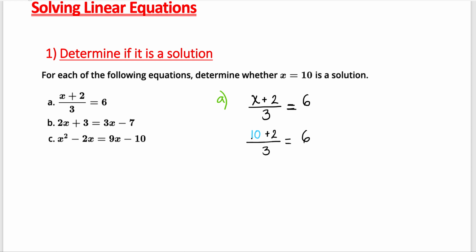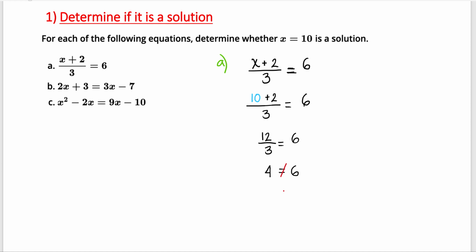Order of operations, I have to add that first. So I say 12 over 3 is equal to 6, and I get that 4 equals 6. And is that true? 4 equal to 6? No, it's not true. Therefore, it's not a solution for the first one. I just noticed that I said I was going to align the equal signs and I didn't, but please in your notes align them, okay, girls?